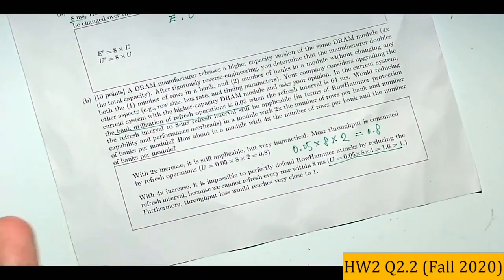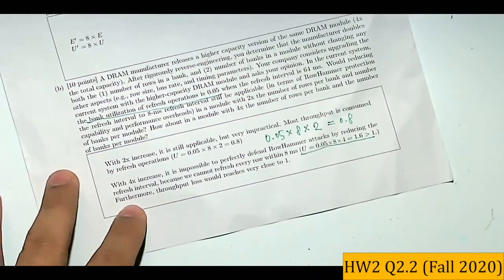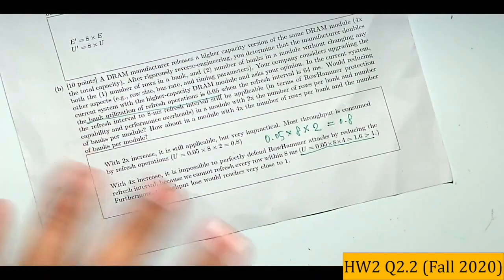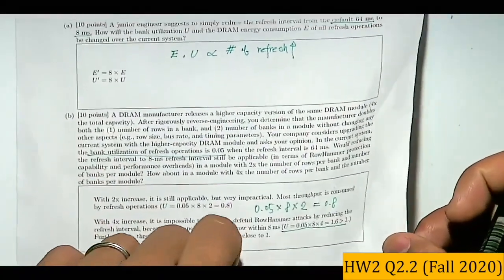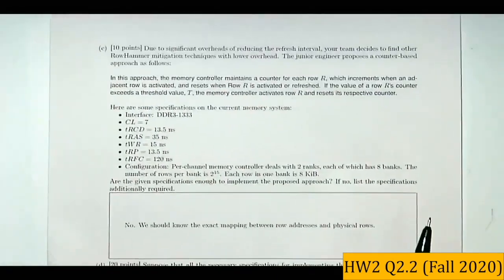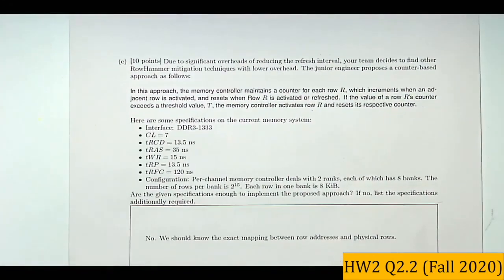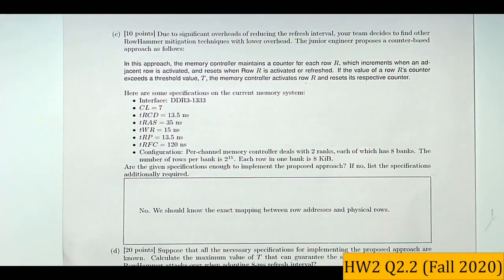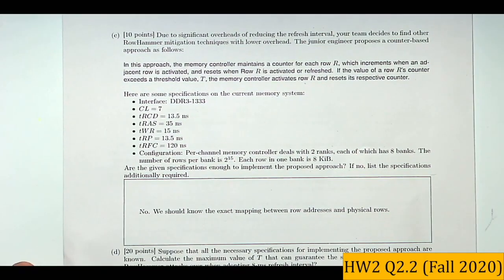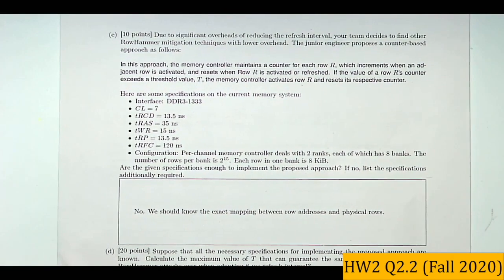So we cannot apply this approach if the number of rows and banks increase 4x. Okay, so this approach, reducing the refresh interval, is not feasible when DRAM scales out. So we should think about another approach.